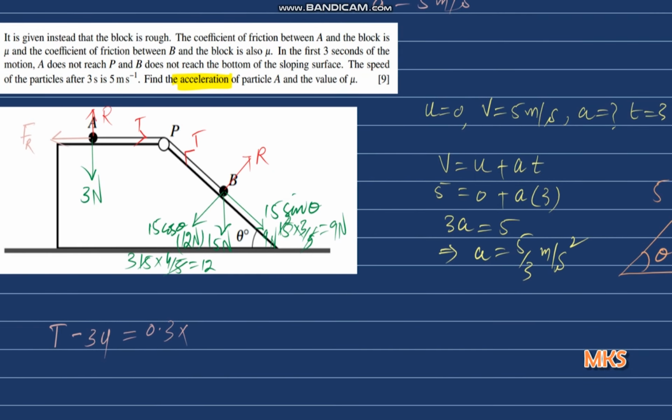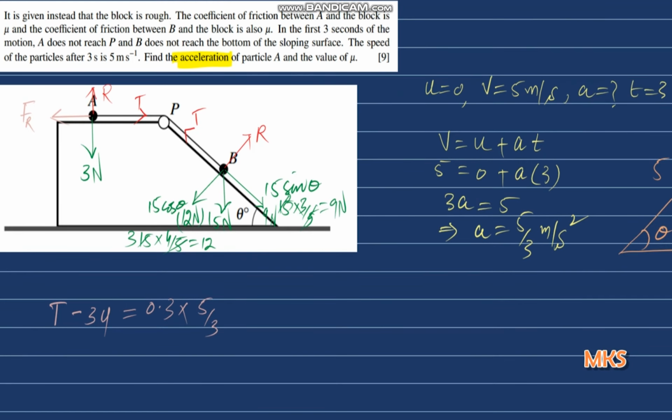We have already calculated a as 5 by 3, so that will become T minus 3 mu equal to, this is 0.1, so 0.5. So we have got one equation from here.